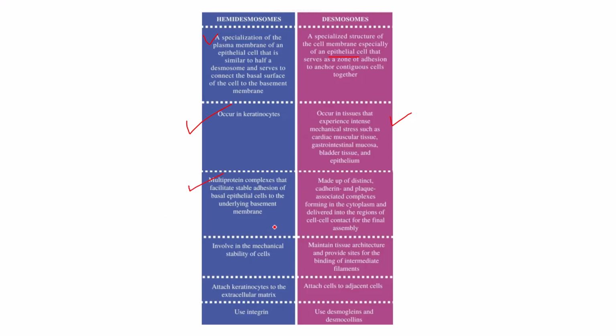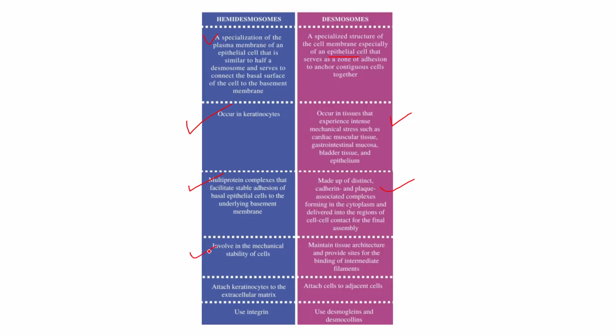Hemidesmosomes are multi-protein complexes that facilitate stable adhesion of basal epithelial cells to the underlying basement membrane, like BP230, BP180, integrin, plectin. But desmosomes are made up of distinct cadherin and plaque-associated complexes, that is desmoglein and desmocollin, forming in the cytoplasm and delivered to the region of cell-cell contact for final assembly.